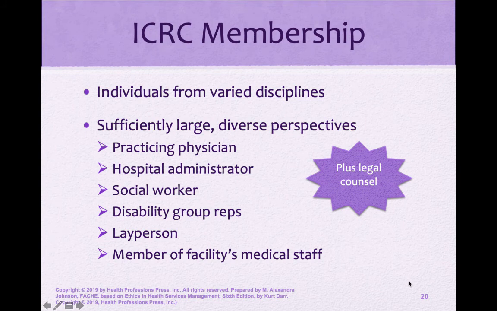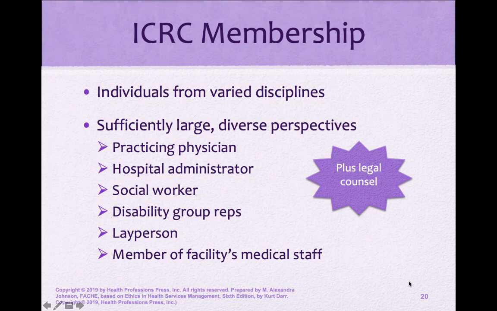So with this type of committee, like with the others, you're going to have administrators and lay people. Let's say you have a facility that does a lot of rehab, with a large population of those with conditions like cerebral palsy or spina bifida, or specific conditions that infants may have that you want to represent on your committee.